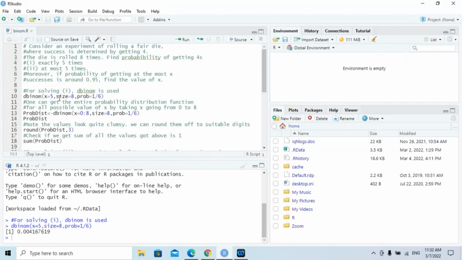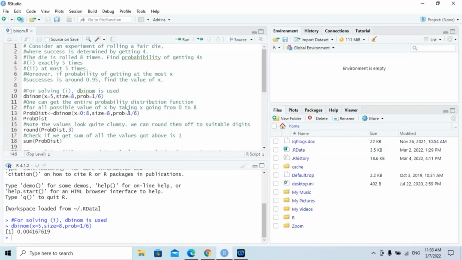Here I have given the range x is from 0 to 8, and the rest is everything same. So obviously I expect that this should generate a vector of size 9. Why size 9? Because I'm going from 0 to 8, so 0 is also included.